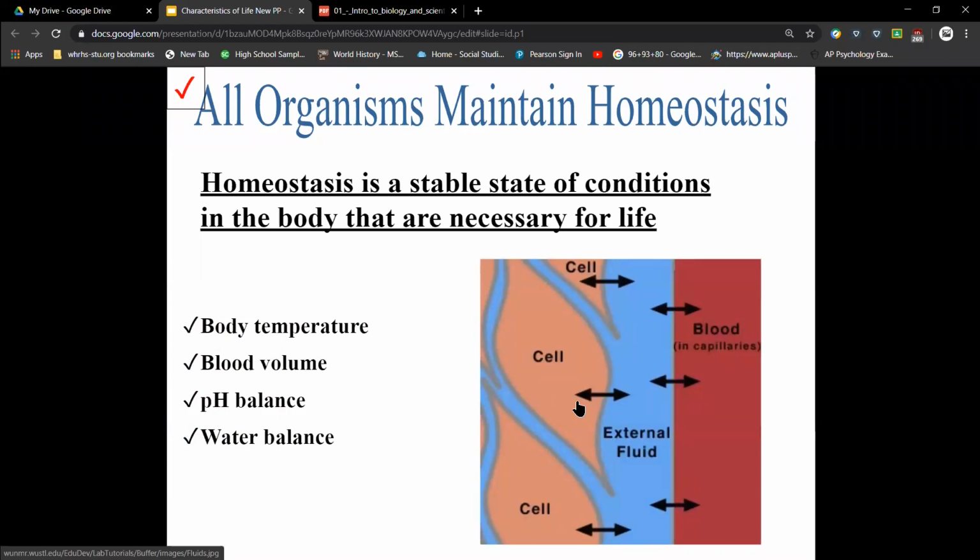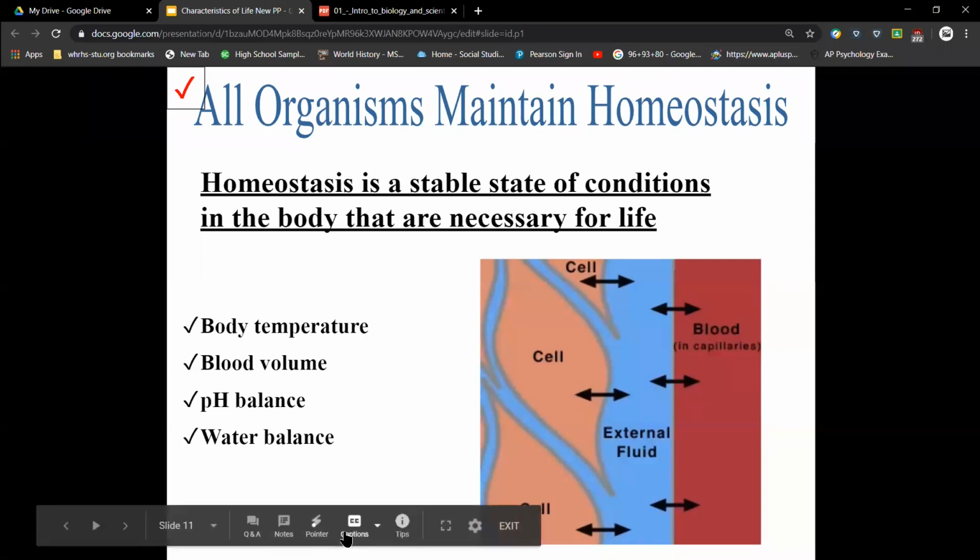For example, if our body temperature is getting too high, our body will take measures to cool us down. If our blood volume is getting too low, our cells may take some of their fluid and put it into the blood so that the blood volume increases, because we don't want our blood volume or our temperature to be too low or high.